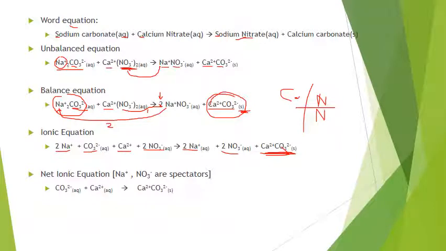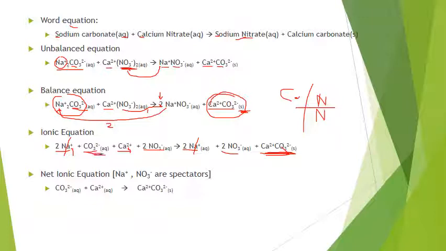All right, now what we do is we get rid of these spectator ions, just like in single replacement, but now we have 2 of them. So what is exactly the same on both sides? So this should be AQ down here. So I have Na, both AQ. Right, CO3, it's a solid over here, AQ.